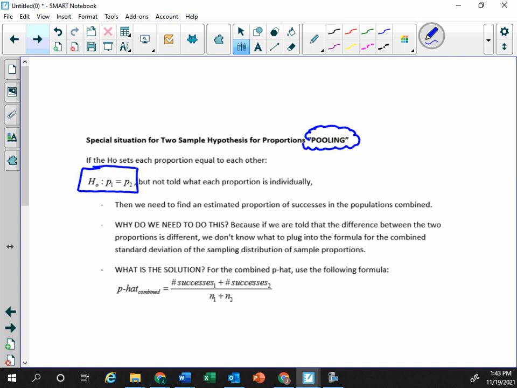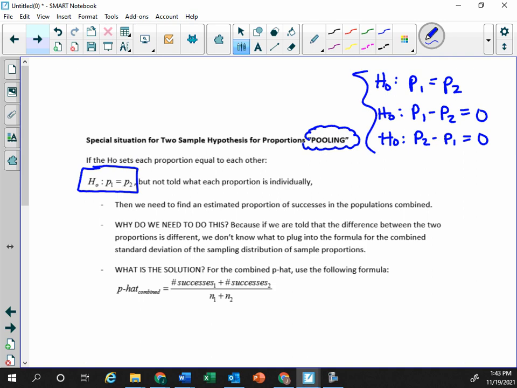Other ways you could write that: P1 equals P2 for your null, or you might see it as P1 minus P2 equals 0. That means there's no difference between the two proportions. Or you could see P2 minus P1 equals 0. So all three of those are situations where you would be doing a pooling type problem.